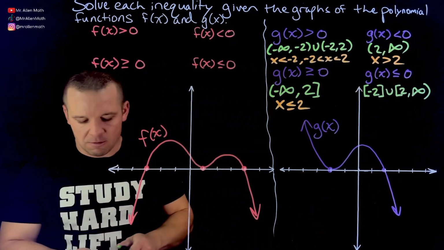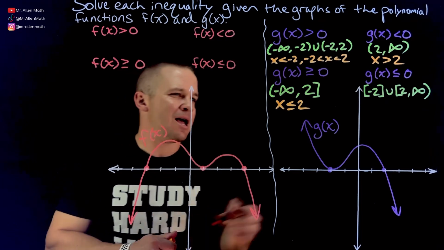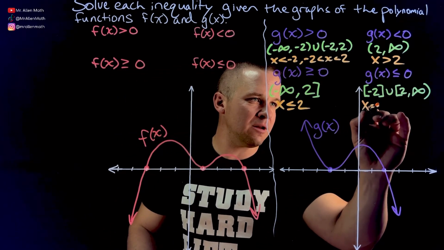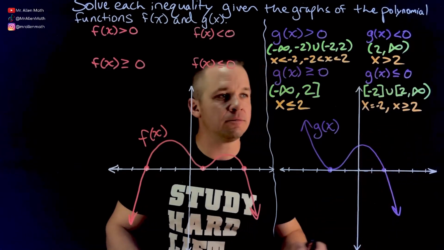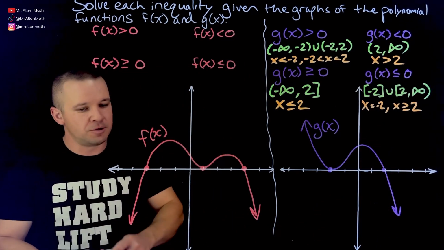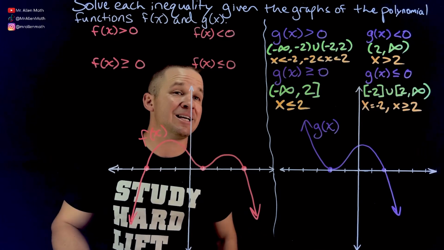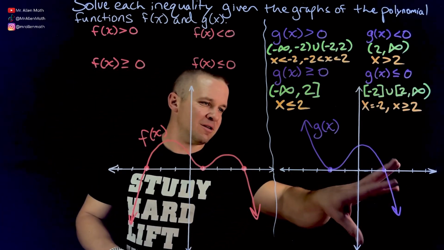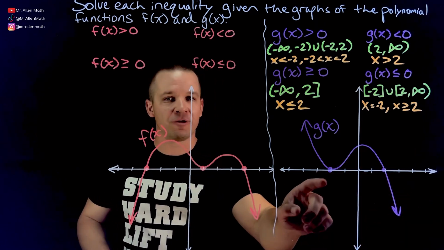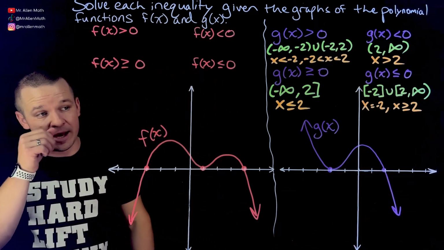I'm cool with that. With the inequalities, I'd say something like x equals negative 2 and x is greater than or equal to positive 2. That would work. So those are my two spots. We got to include that point because it is equal to 0 at that spot. It's easy to forget that because you're just looking at this section where it's negative. But don't forget about that point that's bouncing off of the x-axis.